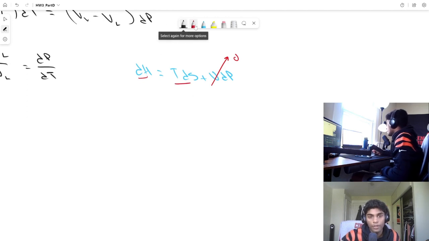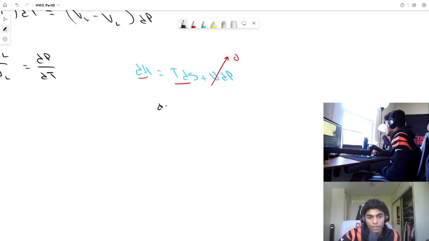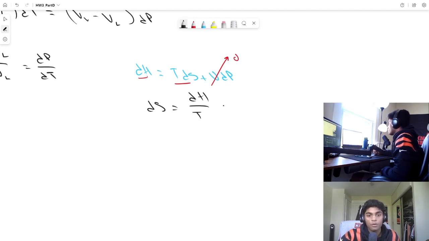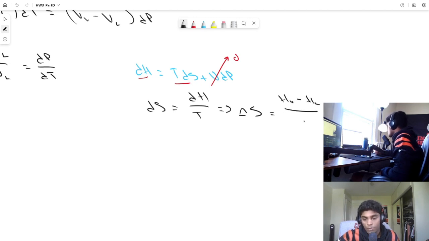And if we were to solve for dS, we would get dS is equal to dH over T. And what this really means in terms of differential is that the change in our entropy is equal to the change in our enthalpy, so that's our enthalpy from one state to the other, over T.